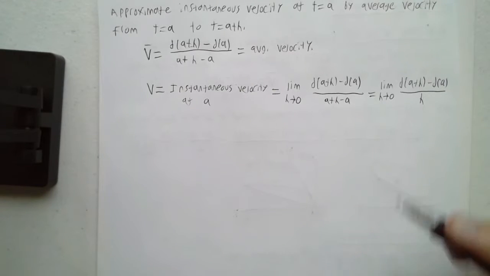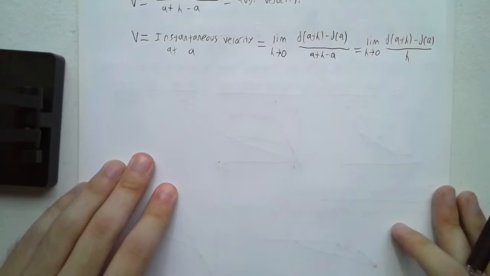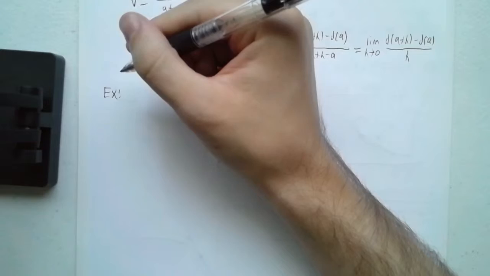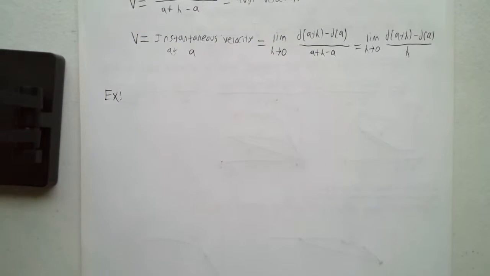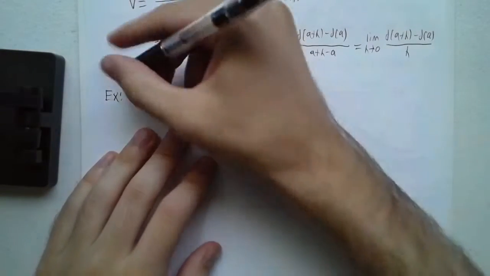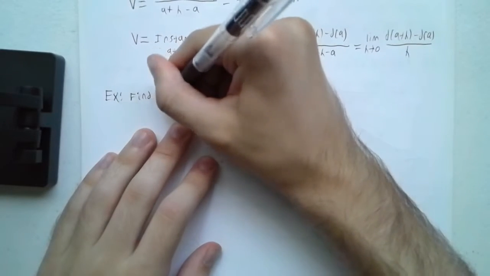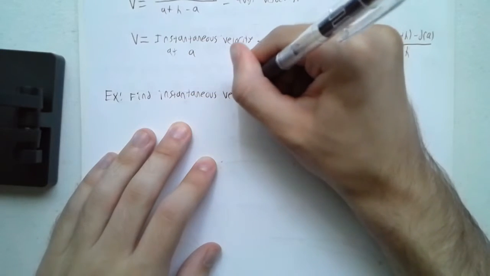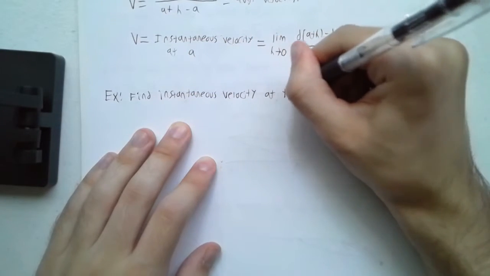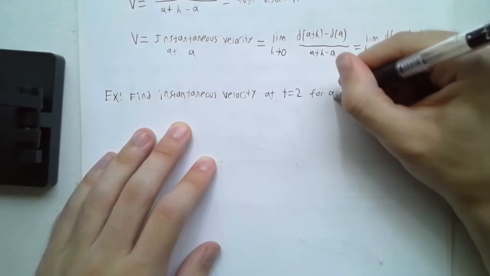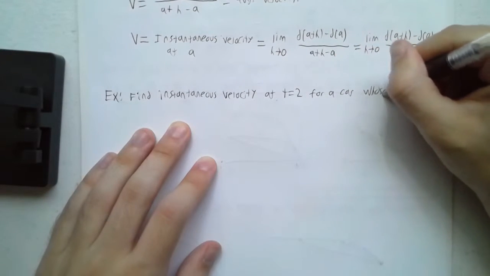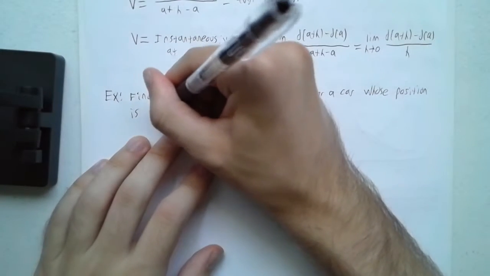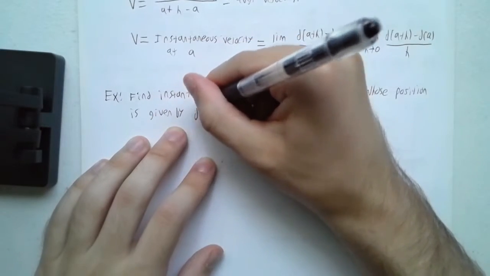So let's look at an example. Let's suppose that we want to find the instantaneous velocity at t equals 2 for a car whose position at time t is given by d of t equals t squared plus t.